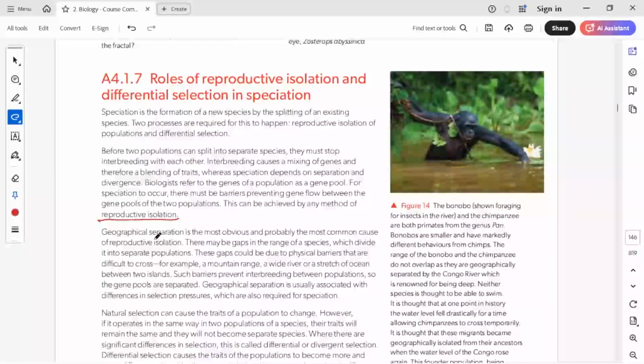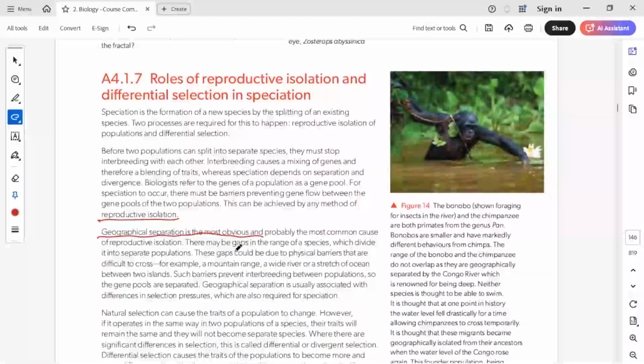Okay, now geographical separation is most obvious if a river starts flowing between an area where it was not present earlier, a mountain range has developed, or glaciers have formed. Earlier there was water or a lake over there, and now glacier formation has taken place, so that might also divide the populations into two groups.